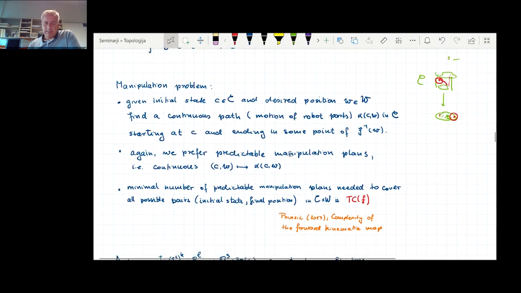So this was done first by myself. There was a paper in 2017 called The Complexity of the Forward Kinematic Map. And now there are quite a few papers studying topological complexity of a map, which is sometimes assumed to be a fibration or not a fibration, or to have some special properties.